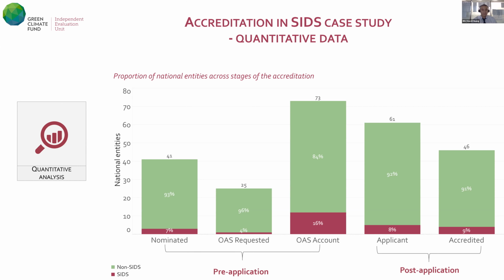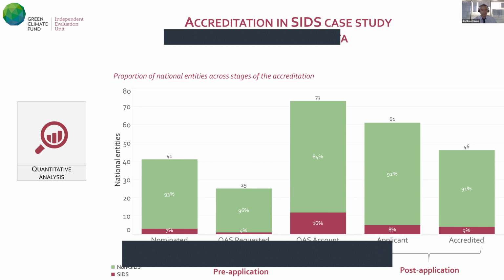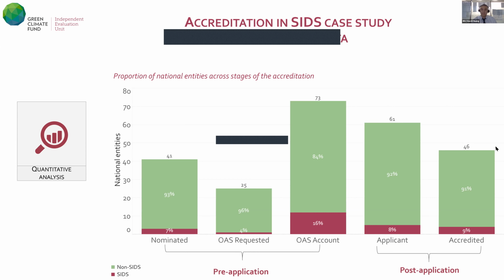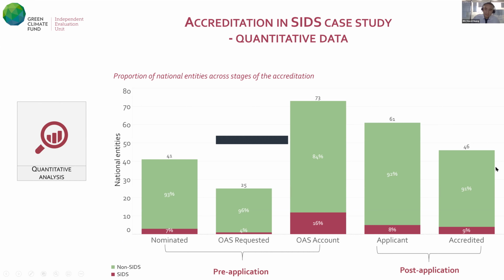The FIDS proportion is colored in maroon, whereas the non-FIDS proportion of national entities is colored in green. Given that FIDS actually make up 26% of all GCF eligible countries, we can see through the proportions that they are clearly underrepresented in each stage of the accreditation pipeline.